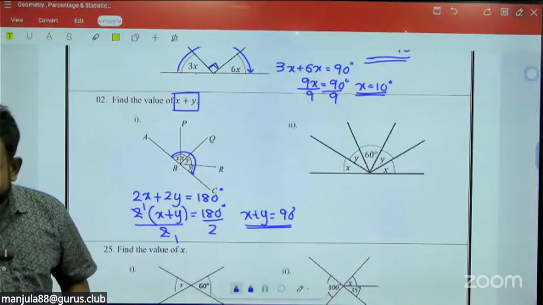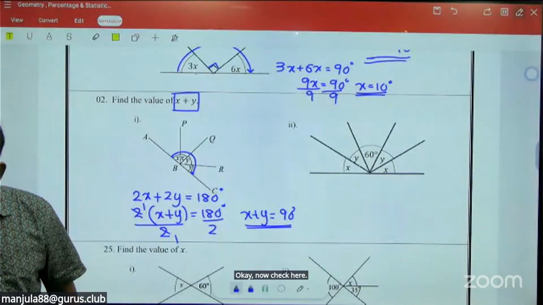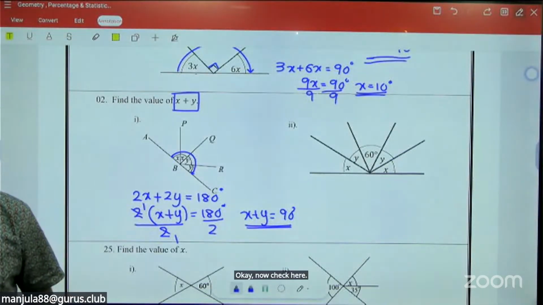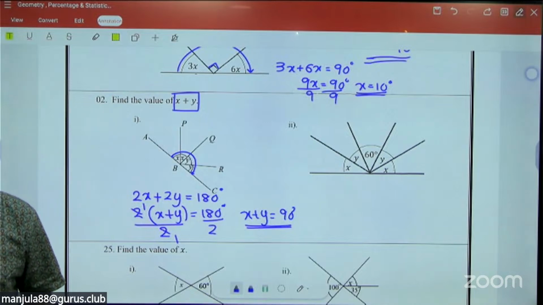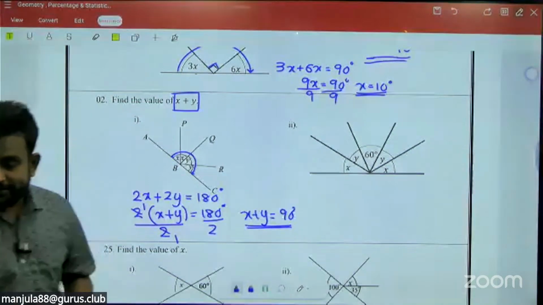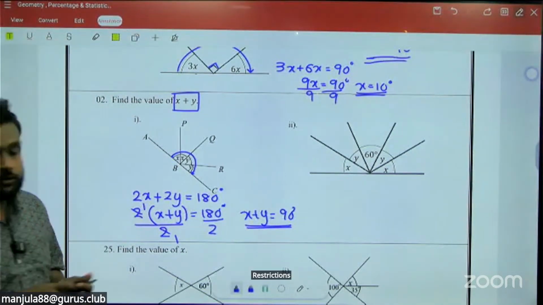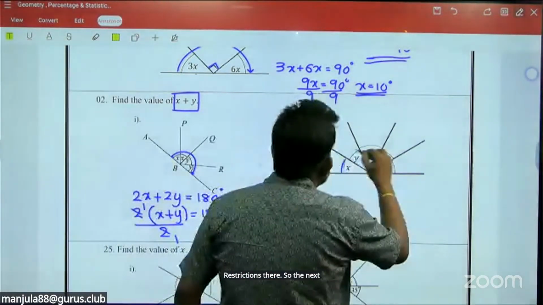Okay, now check here. So the next question there. In the next question here, the angles on a straight line.